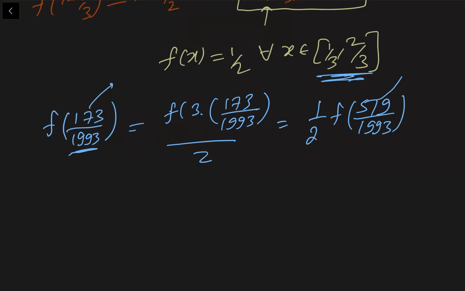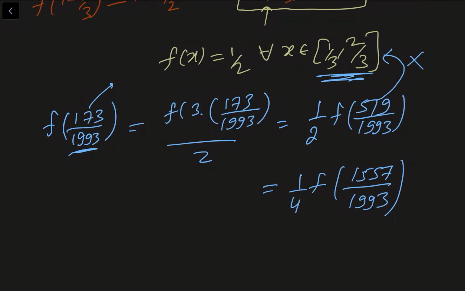Now again if you check, this does not lie in this range, so I will apply the first equation again. I'm getting 1 by 4 f of 1557 divided by 1993. Now this actually crosses 2 by 3, so again this does not lie in the range.